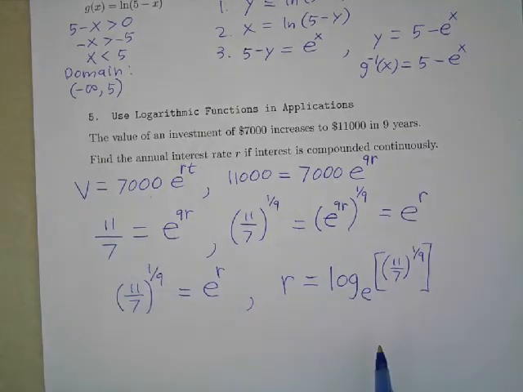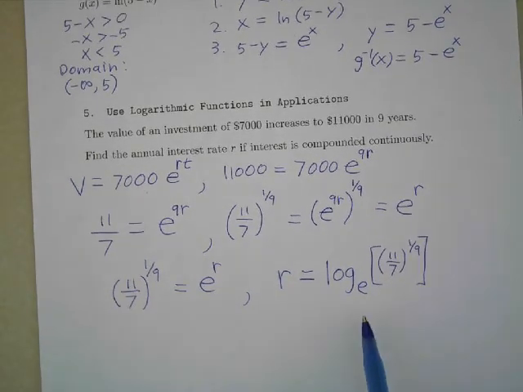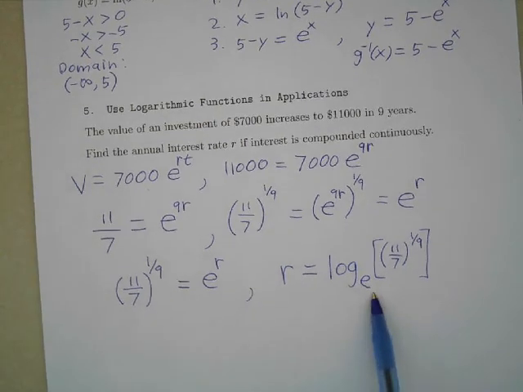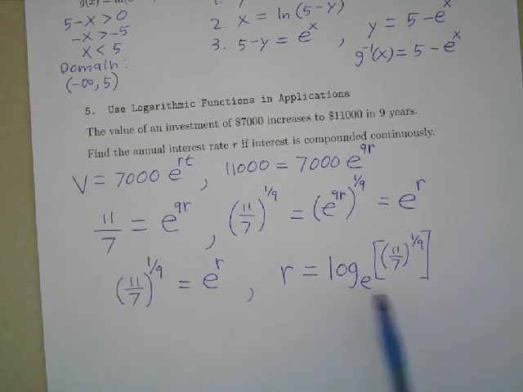And we can verify it by using one of our tricks. The base e logarithm, so the base number e raised to the exponent r equals the argument, 11 sevenths to the 1/9. Okay, so these two equations are equivalent.